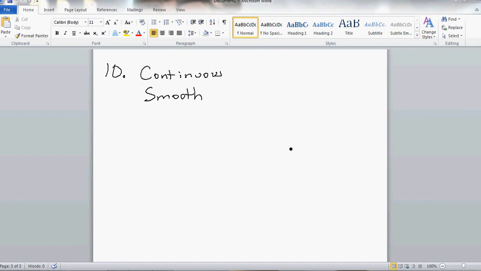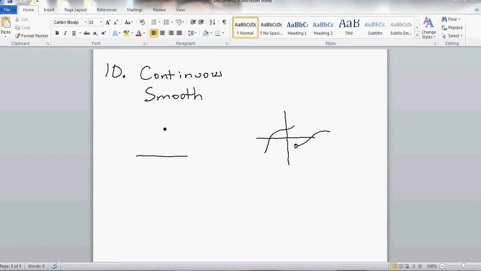Now, what we look at when it talks about smooth, first of all, just some quick examples. This is not continuous, so it would not have a derivative at this point right here. So it's not continuous, but it is very smooth, nice and smooth all the way around.